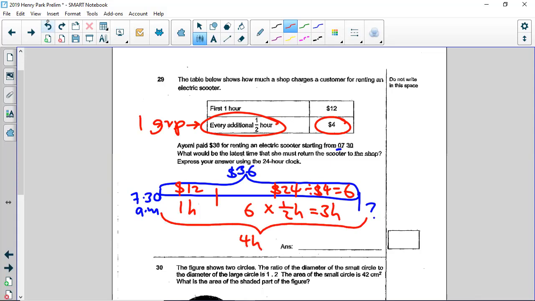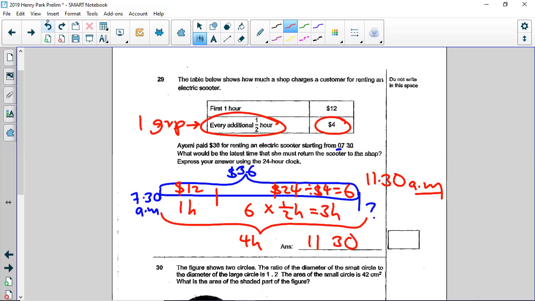So what time did he have to return? 7:30 a.m. plus 4 hours later is 11:30 a.m. So he has to return at 11:30. Oh, and your answer must be in 24-hour clock. So how do you change back? This is a.m., so you don't add 12. You just put 11:30. Okay, understand?